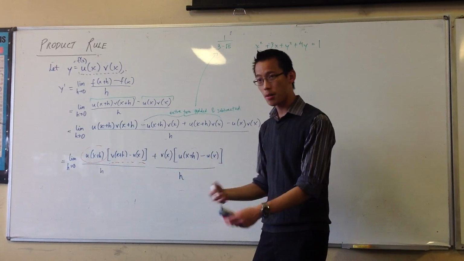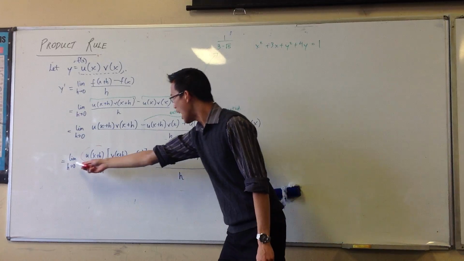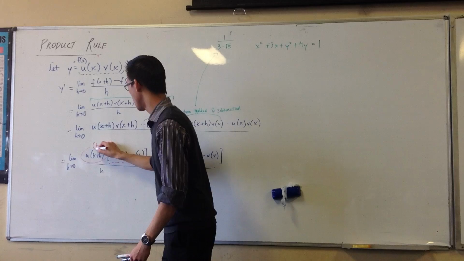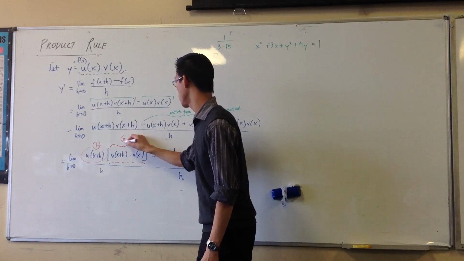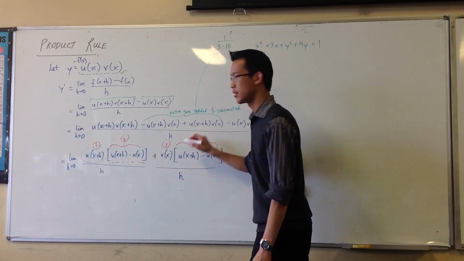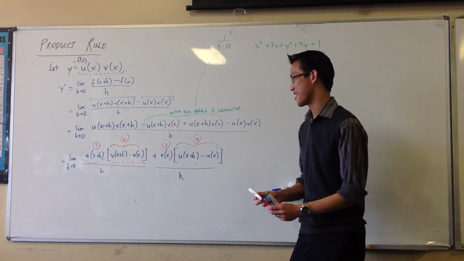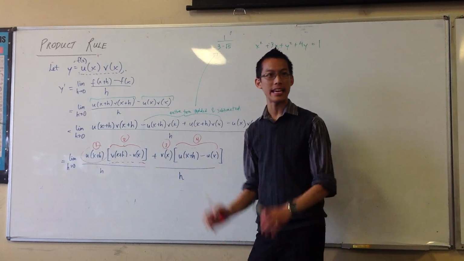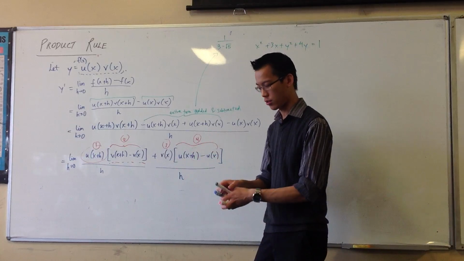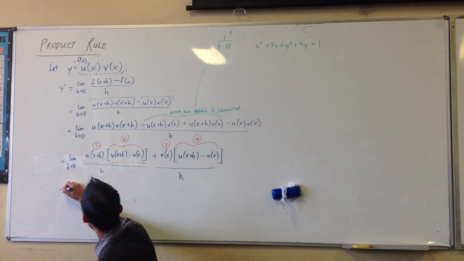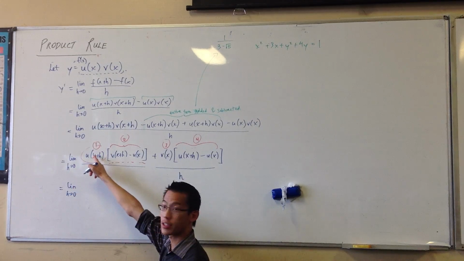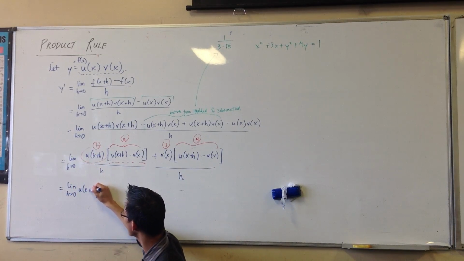In order to make this a little better, I've got really 4 things here: 1, 2, 3, and 4. So I said it was going to get worse, right? I'm going to take all 4 things and take the limit separately of every single one. Watch this. At the front, I've got the limit as h approaches 0 of the first term, which is just u of x plus h.